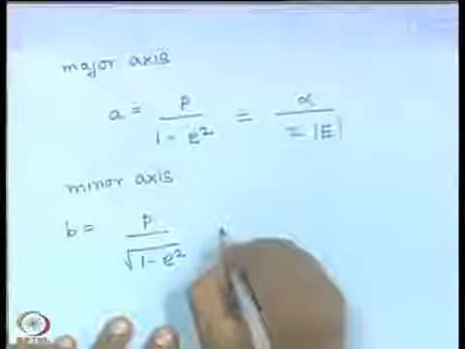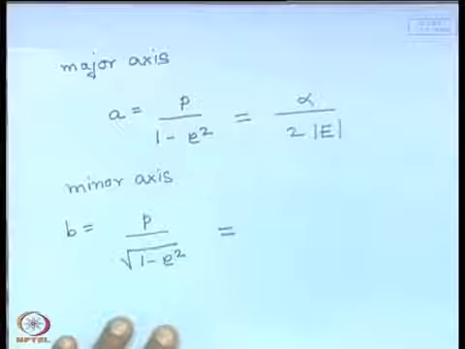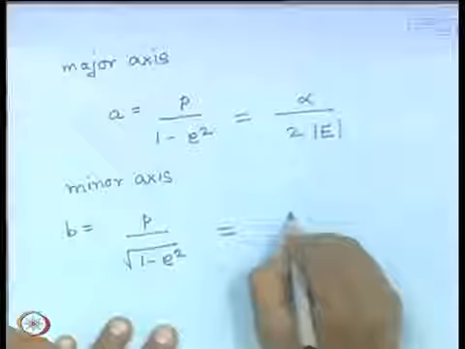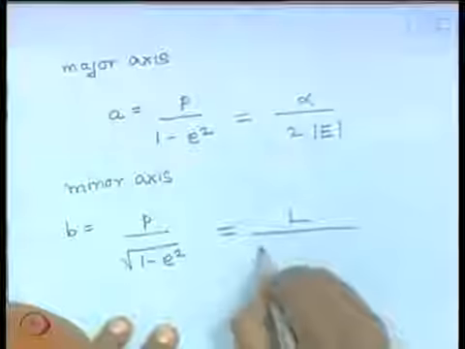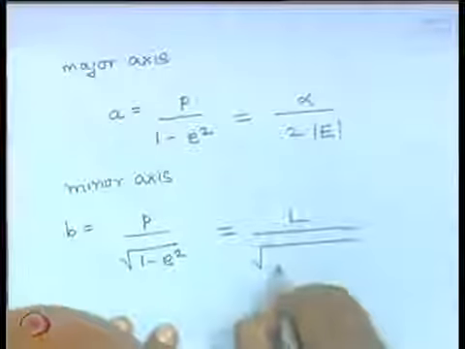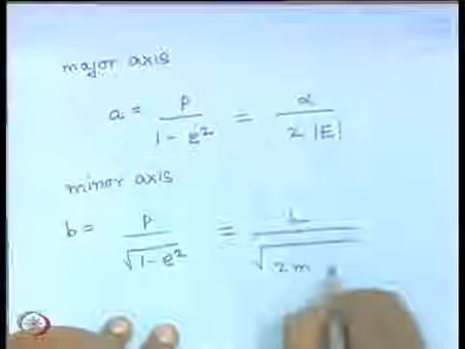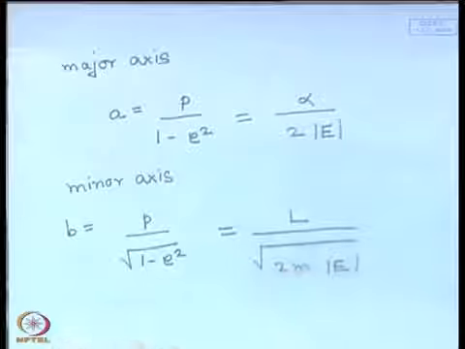And if you put in the values here, what you get is L divided by the square root of 2m mod E. So, the minor axis is what depends on the value of the angular momentum.